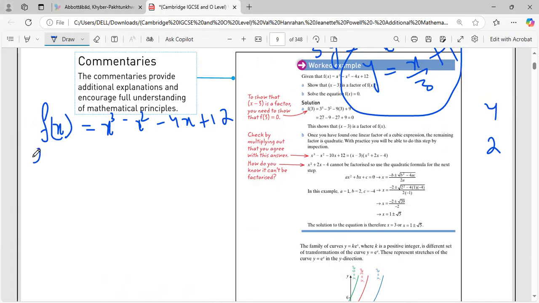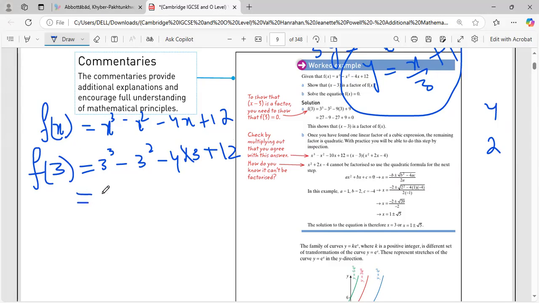So f of 3 will be equal to 3 cubed minus 3 squared minus 4 times 3 plus 12. So that will be equal to 3 cubed means 27, minus 9, minus 12, plus 12.